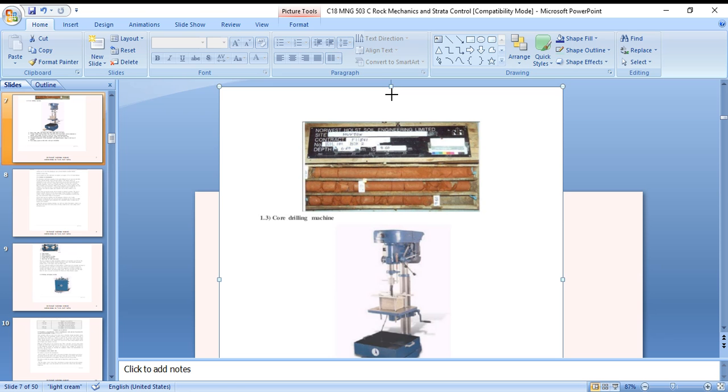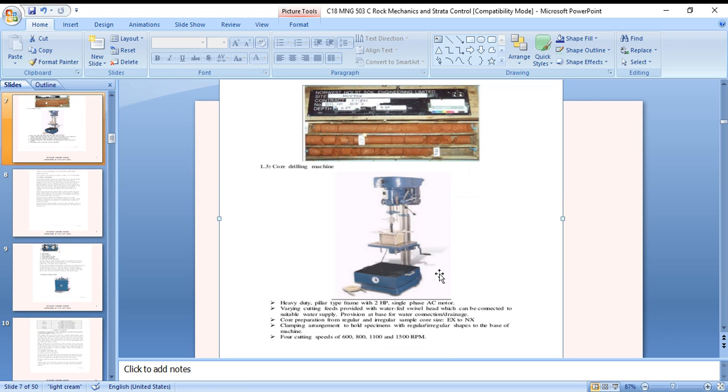This is the simple core sample box shown here. The material was collected using drilling machines. Heavy duty pillar type frame with 2 HP single phase AC motor, with a cutting feed provided with water feed. Swivel head can be connected to a suitable water supply.